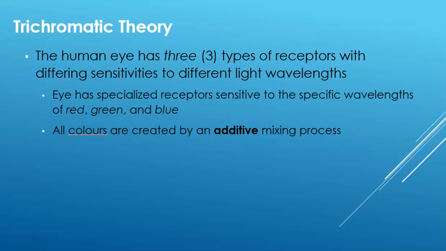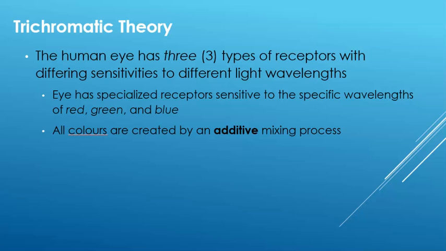Now, there's the Trichromatic Theory. This is an important theory when talking about light and vision. It says that the human eye has three types of receptors with differing sensitivities to light wavelengths. In other words, you have three different types of cones in your eye.